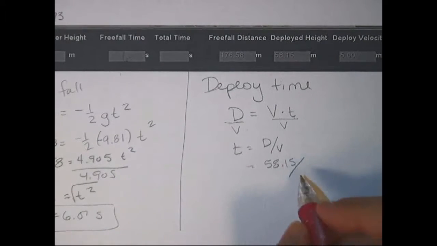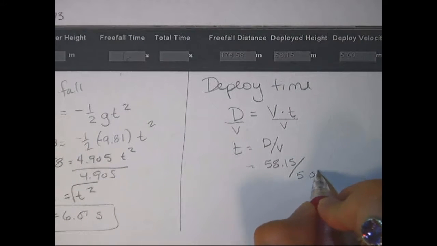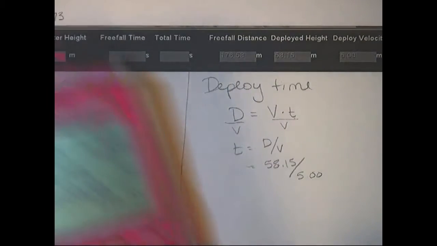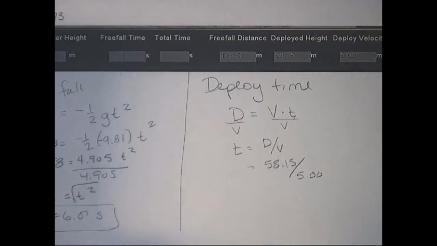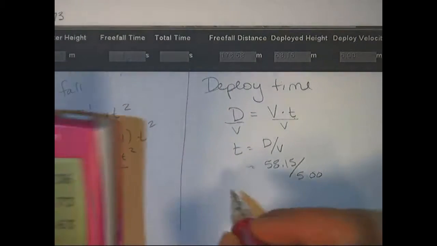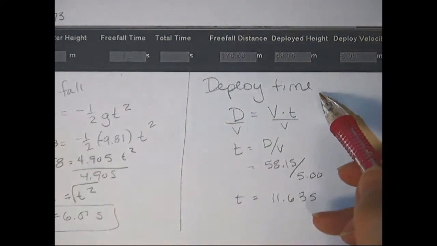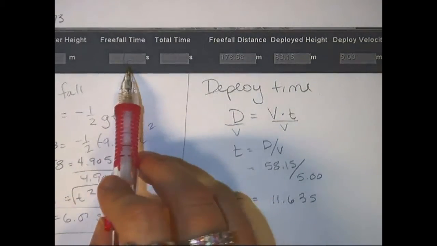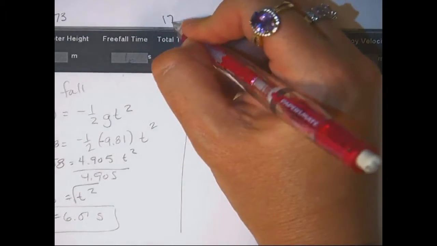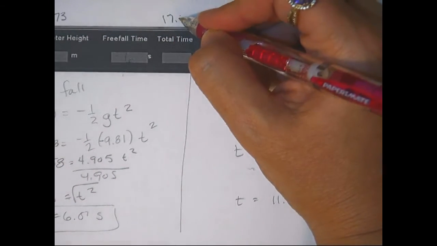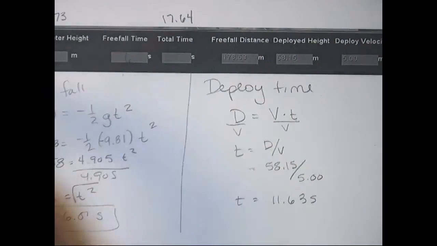Here's my velocity. Plug that in my calculator, and I get the time is 11.63 seconds. That's the deploy time. Add that onto the free fall time, and we get the total time is 17.64. That's it.